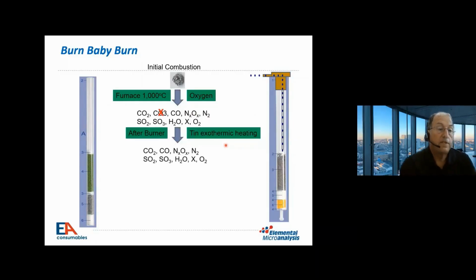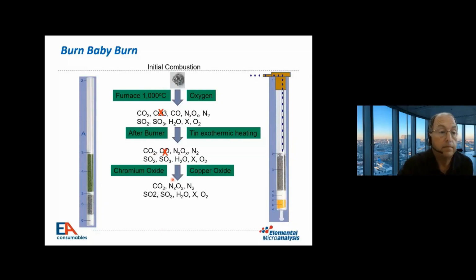So first of all, this tin exothermic reaction with a high temperature will generally convert your carbonates into CO2. We then go through the chemical parts of the tube, in this case the chromium oxide, or the copper oxide in the case of Elementar. We'll get rid of carbon monoxide, forming it into CO2.